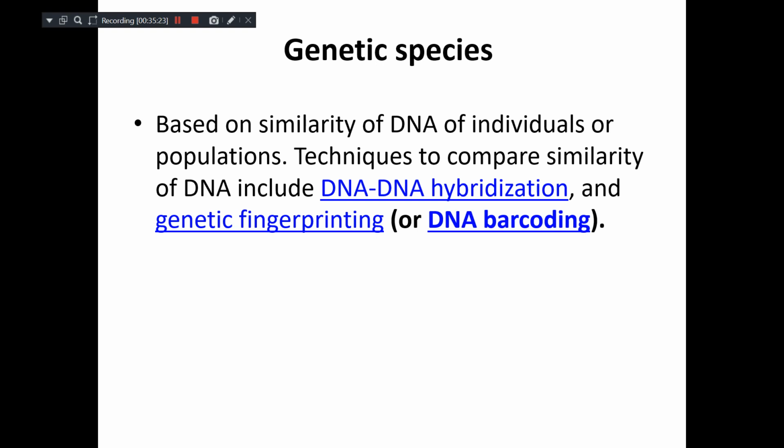Because nowadays the techniques are available to compare the similarity of DNA, either DNA hybridization, DNA fingerprinting, or DNA barcoding. There are different methods made available in the laboratory. So if you find similarity with respect to DNA, we call it genetic species.